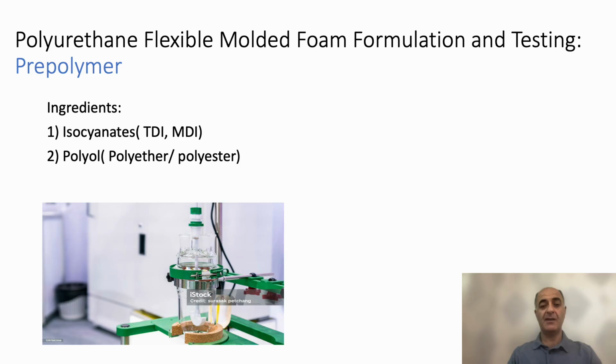It could be TDI or MDI and its variants. And second will be the polyol. It also could be a polyether and polyester polyol with different molecular weight and functionalities. And here you can see a glass reactor to make the prepolymer.